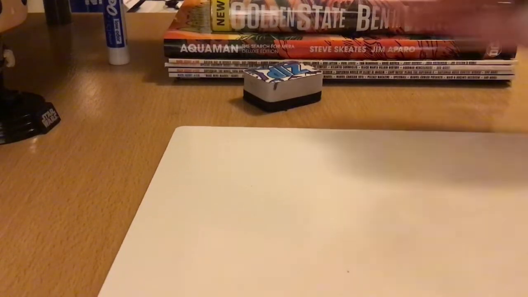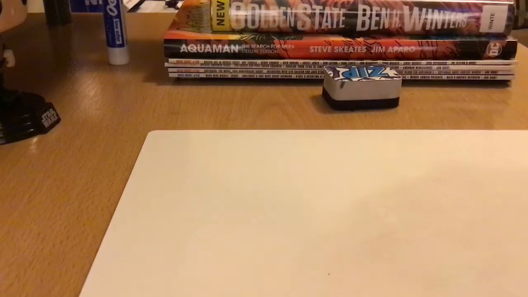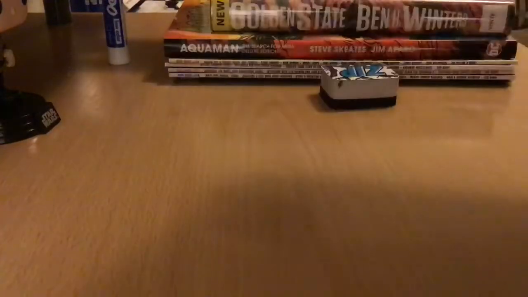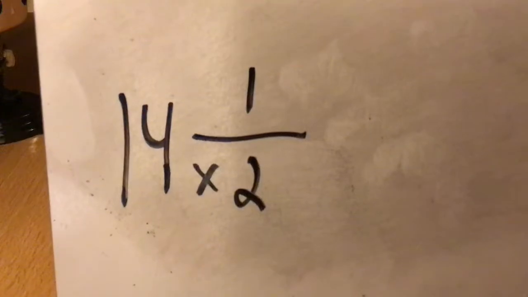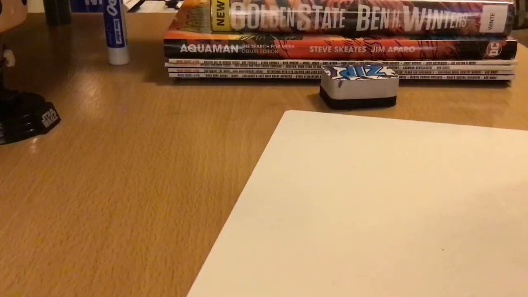Let's make it easy down here on the denominator, and we'll go bigger on our whole number. So let's say we have 14 and 1/2, right? So what 2 things are we going to multiply? That's right, we're going to multiply the denominator by the whole number, 2 times 14, and then we're going to add our numerator.